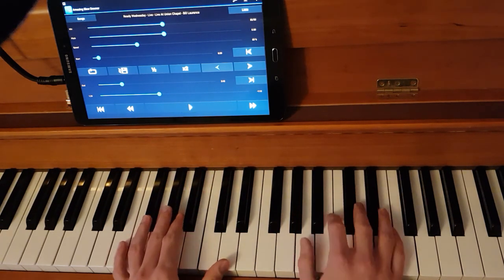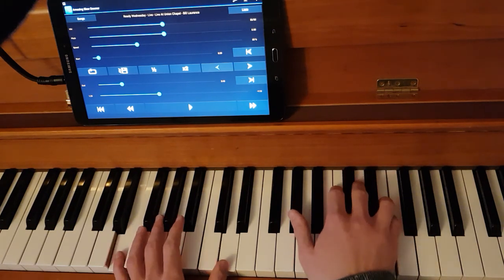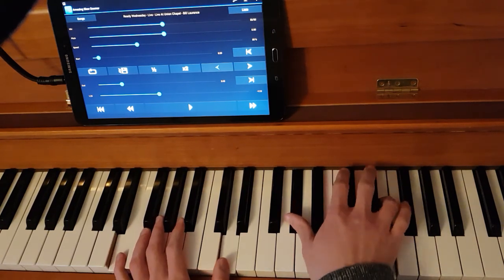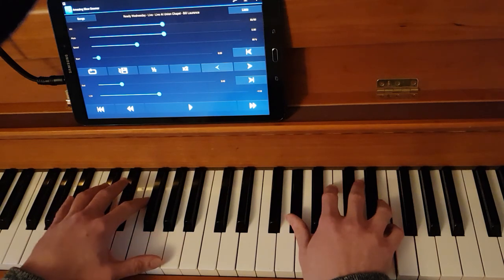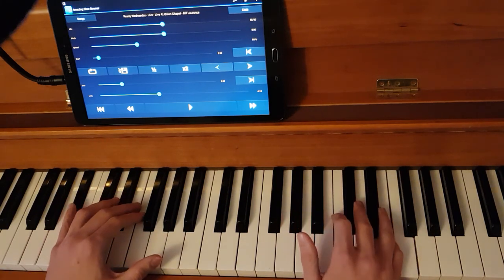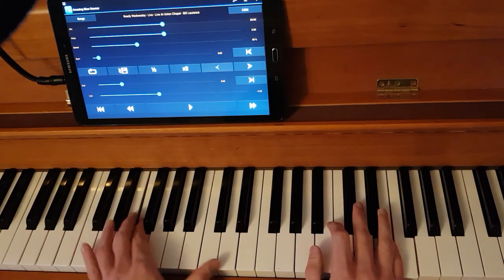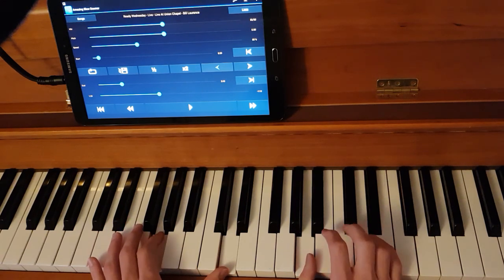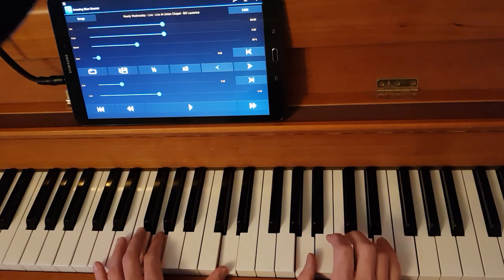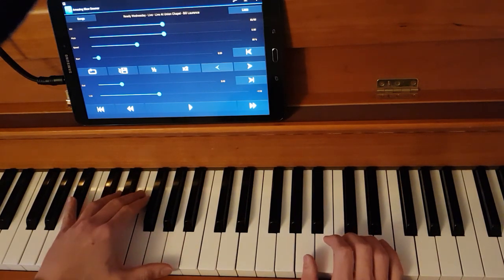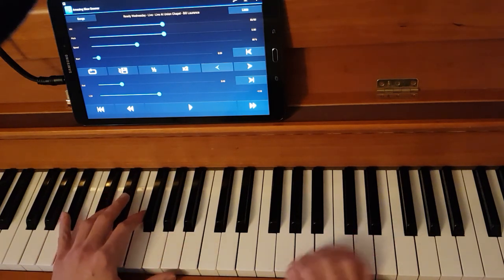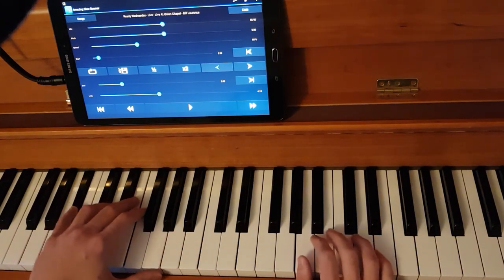So then we get that kind of surprise chord. That's the closest I could get to that bit there. So notice this is just a B flat major chord.